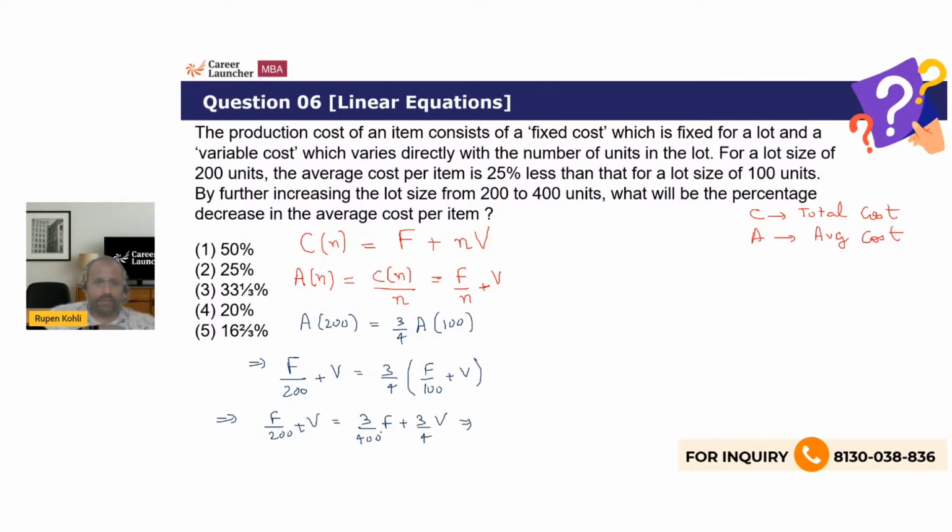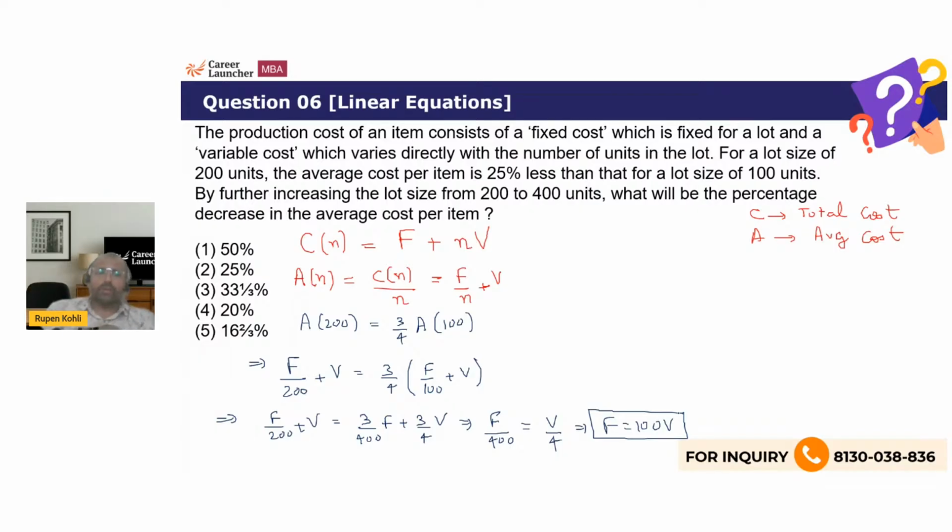Let's simplify that. So I'm getting that 3 by 400 f. So this comes over here. f by 200 is 2 by 400 f. So I'm getting f by 400, right? 3 by 400 minus 2 by 400, which means f by 400 equals v minus 3 by 4 v, which means v by 4. So I'm simply getting the relation f equals 100v. This is what we have got, right? The fixed cost f is 100 times the variable cost.